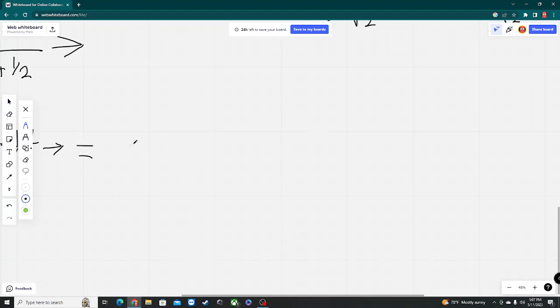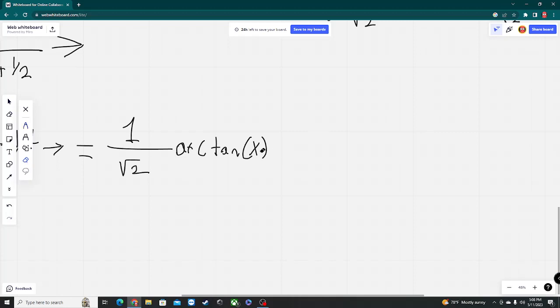Now we're going to use our trig identities. 1 over square root 2. This is just going to be arctan.